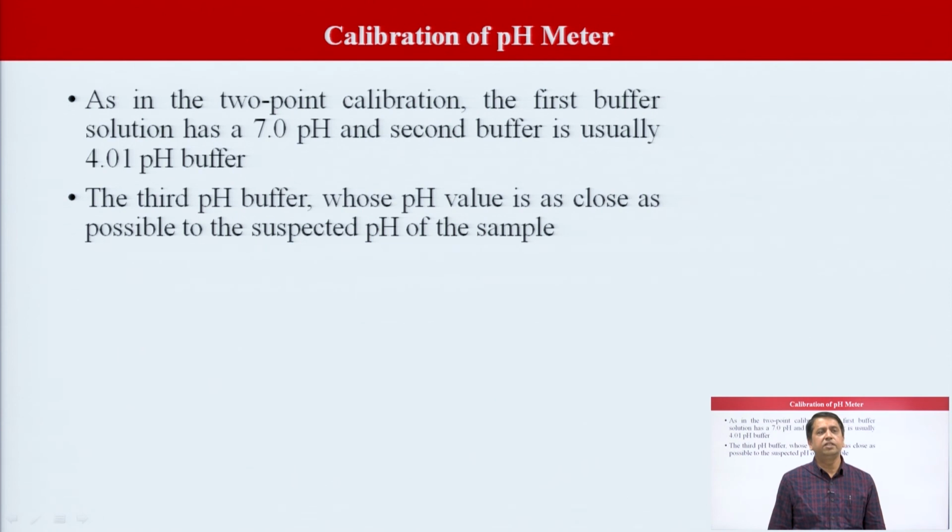As in the 2-point calibration, the first buffer solution has pH 7 and the second buffer is usually pH 4.01. But the third buffer, which is included in multiple point calibration, is as close as possible to the suspected pH of the solution that we are going to measure in a routine way.